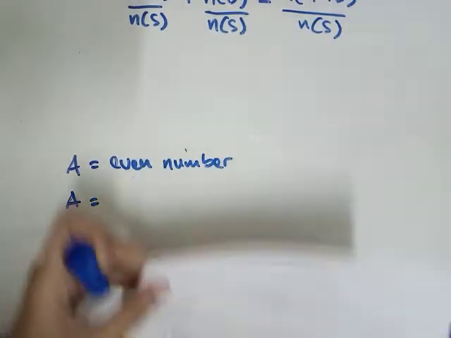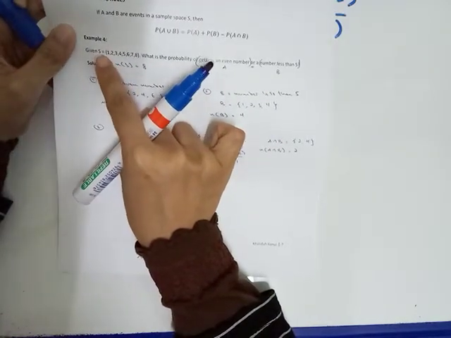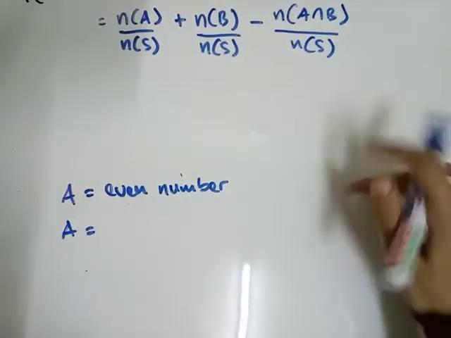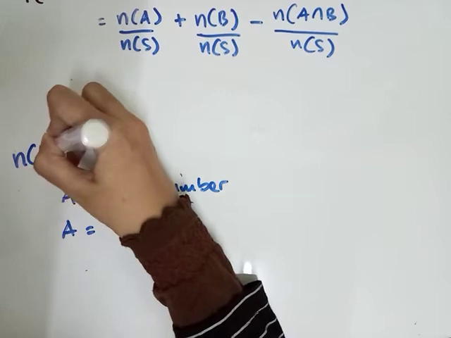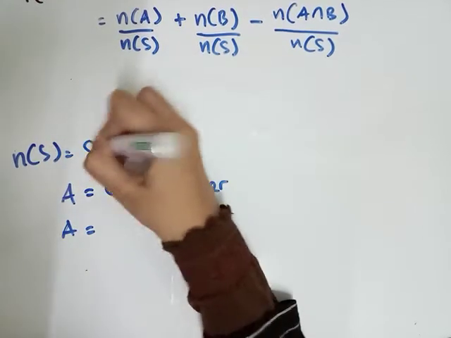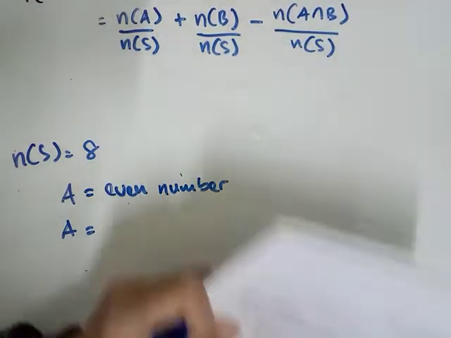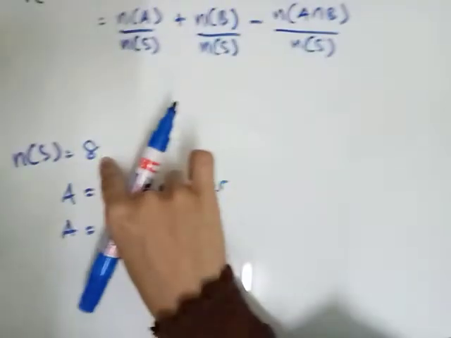Kita dah bagi tahu dah. Soalan dah bagi tahu. Sample space dia, 1 to 8. So, the number of elements in sample space is 8. Dia dah bagi tahu dalam soalan tu. Sample space dia 1 to 8.